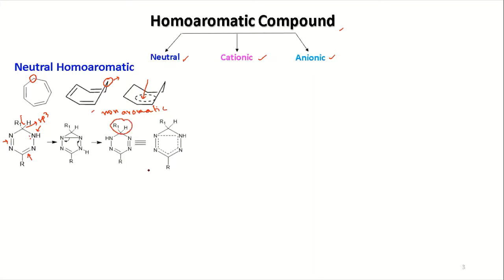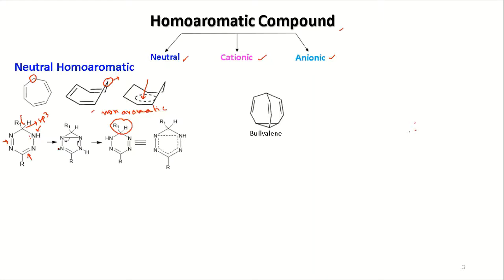So this is an example of a homoaromatic compound based on this structure. This is one of the examples you should note down. Generally we don't find this example everywhere. Got it.